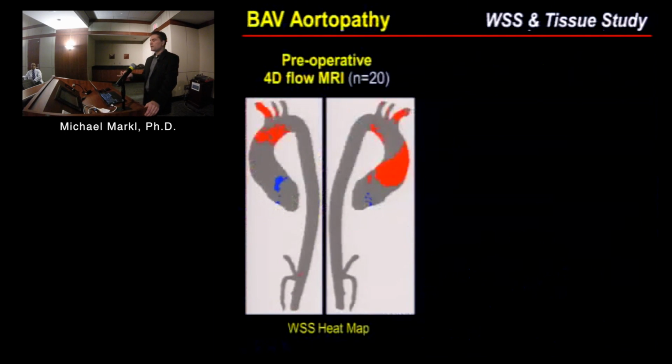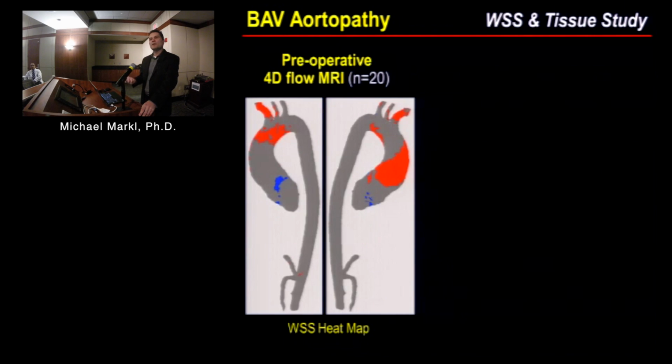And now with these individualized patient heat maps that allow us to map out regions with, say, abnormal wall shear stress, we can actually start looking at these regions in more detail. And this is one of the most recent studies that were done in this regard, where we take a preoperative bicuspid aortic valve patient who is already severely dilated and who will undergo aortic valve repair.